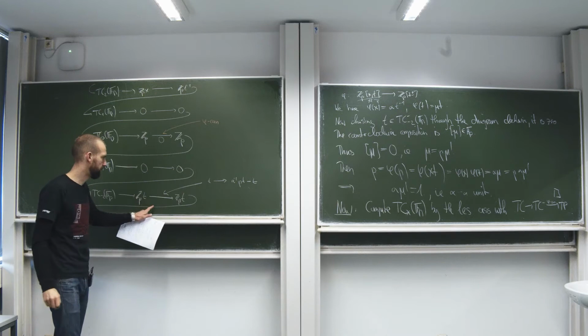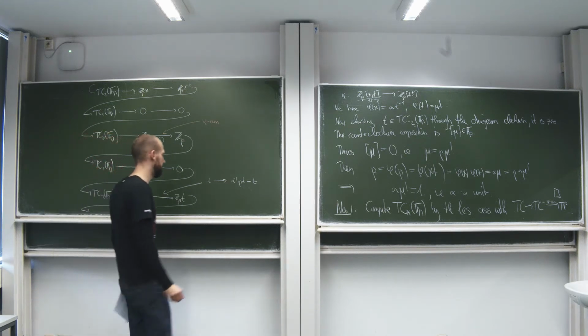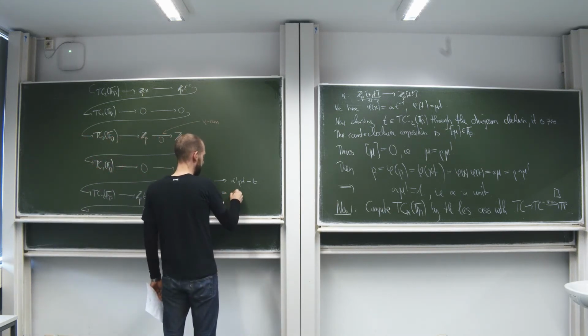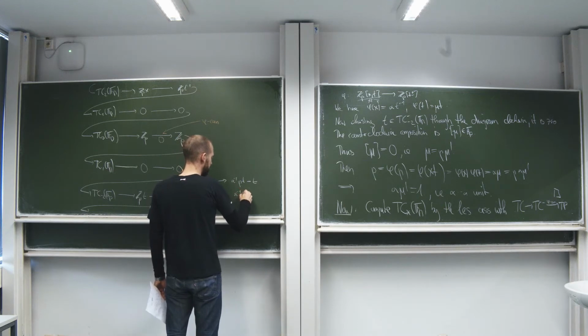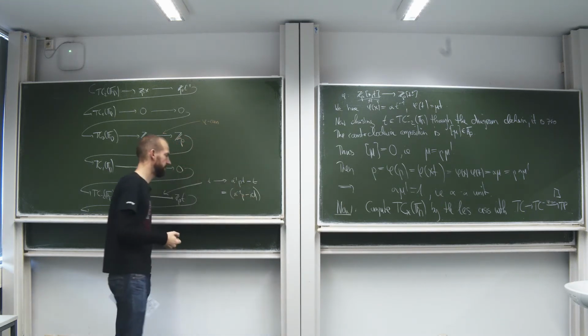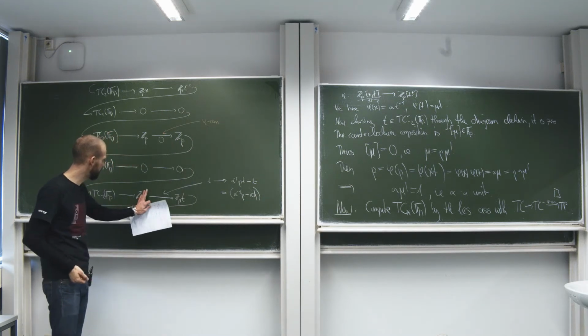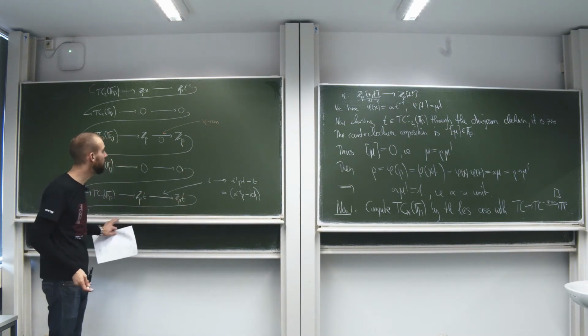That's how the map looks in this degree. So it's given by multiplication with alpha to the minus 1 p minus 1. Okay, so this is it as a map from ZP to ZP.